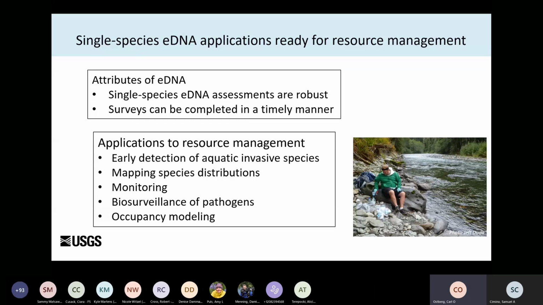And the speed and the ease that eDNA surveys can be accomplished relative to traditional sampling methods is a major attraction of eDNA analysis. So here I've listed some major eDNA applications that are relevant to resource management that you could pick up and run with today. And I'd like to talk about how eDNA is being used with these applications.